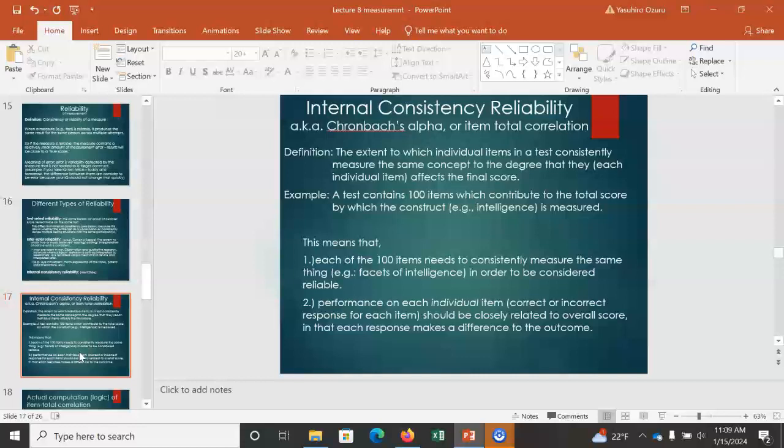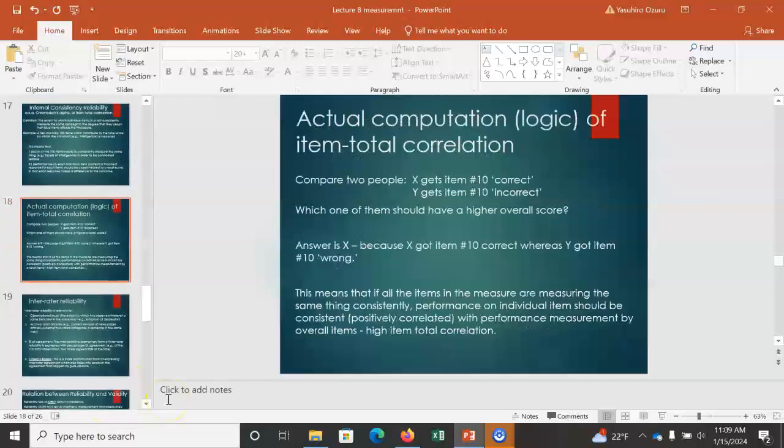For item total correlation, let's look at the actual computation by looking at the next slide. The actual computation of item total correlation, or point biserial correlation, is this: let's say you compare two people. Person X gets item 10 correct. Person Y gets item 10 incorrect. Which one of them should have a higher overall score?